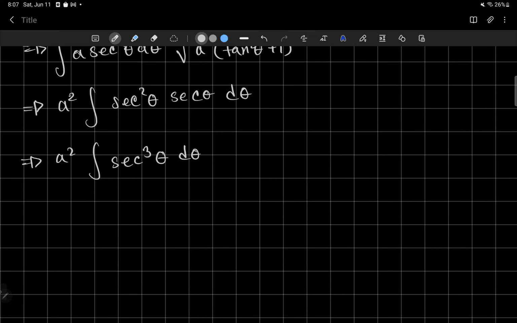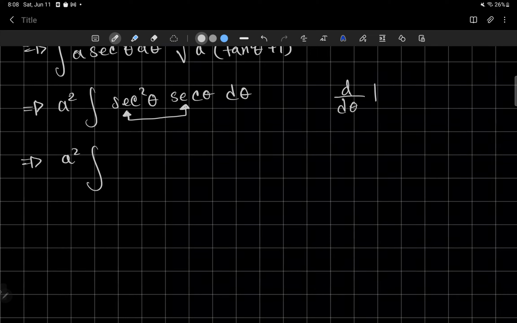Now from here, you can do some integration by parts so that you can at least reduce this into some convenient form. Instead of writing it as sec cubed, you know that tan and sec are pretty easy to integrate, right? So you can observe the fact that sec squared theta is just the derivative of tan theta.